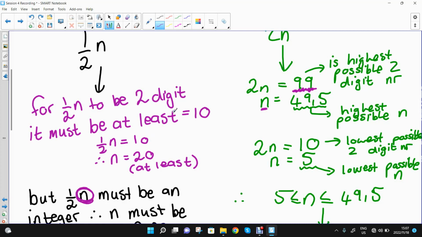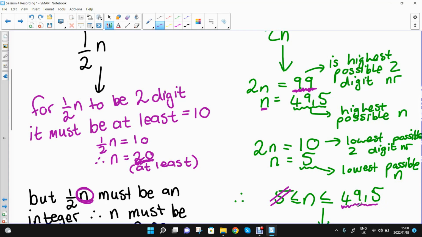Now we saw in the first scenario that n's lowest possible value must be 20. It means that n cannot be lower than 20, so that discards the 5 immediately. We know that we have to start at 20. Then for the highest possible value, for this one, it's 49,5.